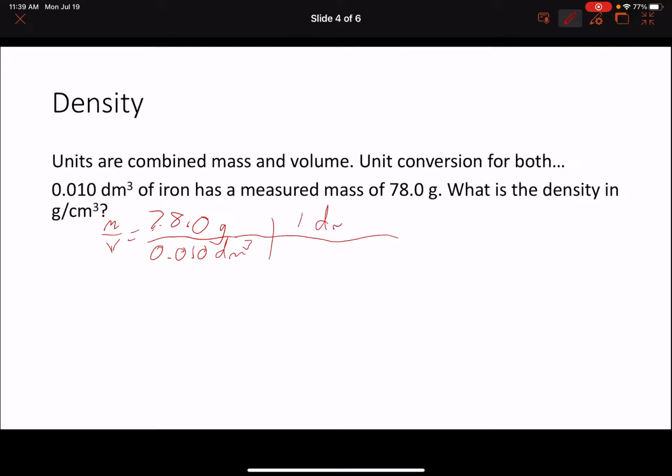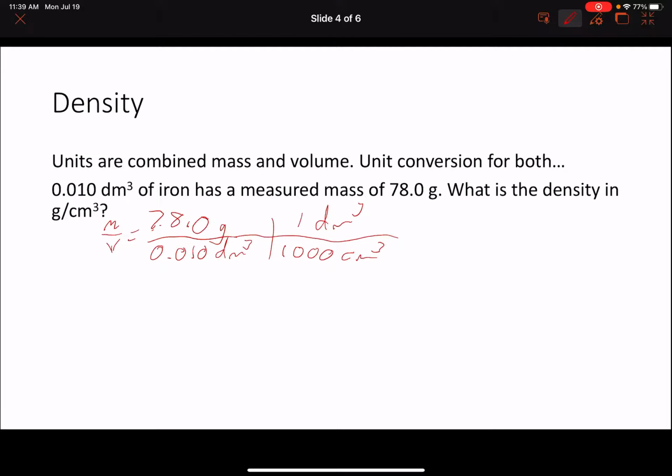So we have 1 decimeter cubed, and then there are 1,000 centimeters cubed, because there are 10 centimeters in a decimeter. And then we have to cube that, so 10 times 10 times 10 is 1,000.